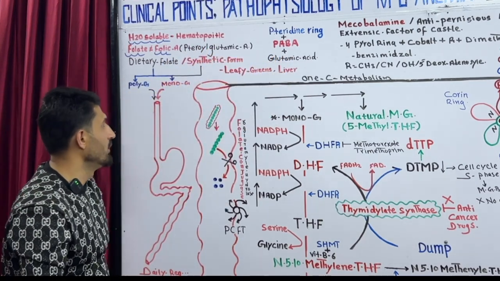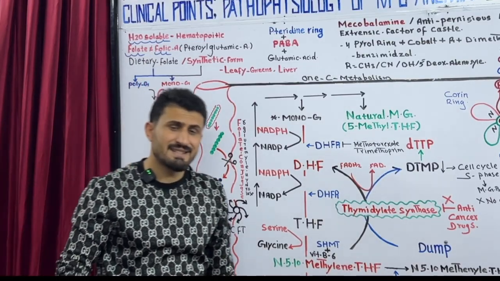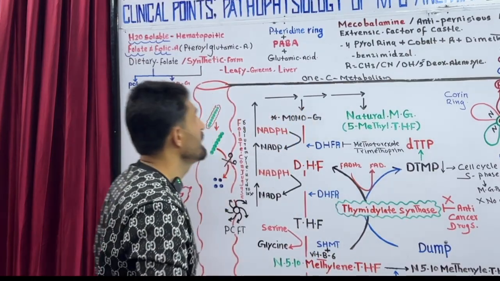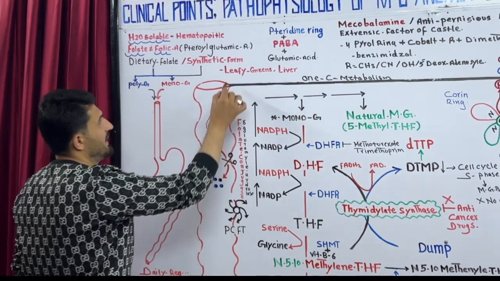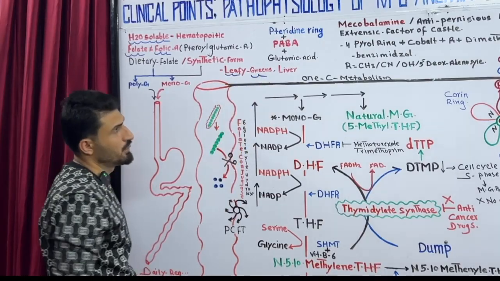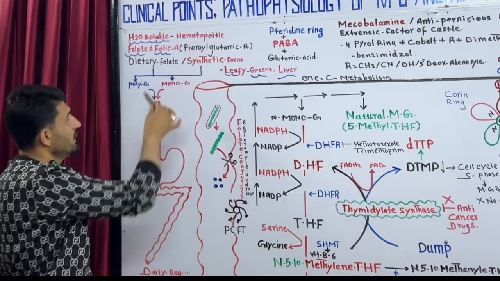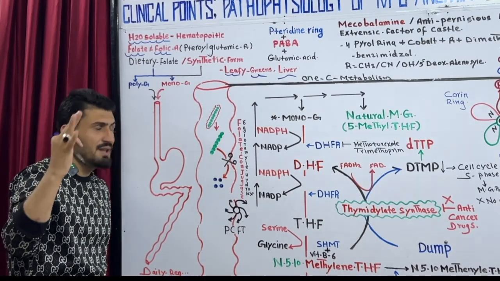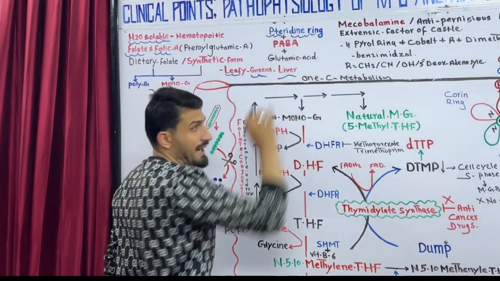Okay, now the word folic, or folic acid, is taken from folia, and folia means green, or green vegetables. We can find folate and folic acid in leafy greens, plus liver and so on. Now folic acid or folate is made of three components. First, it's made of a pteridine ring.